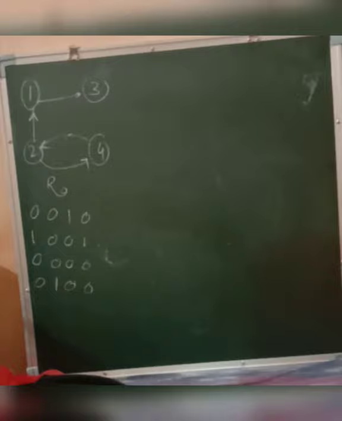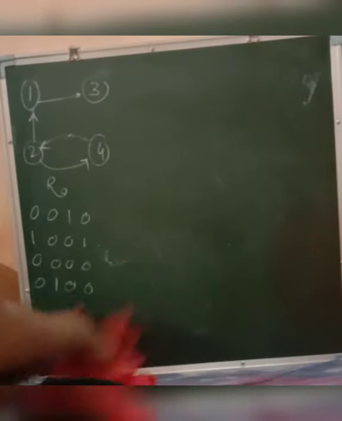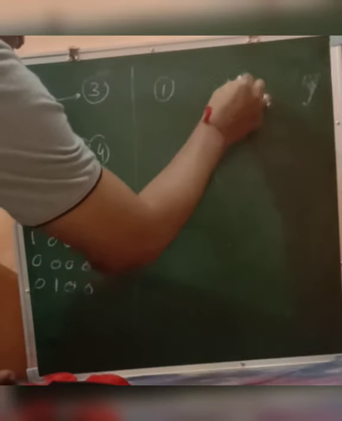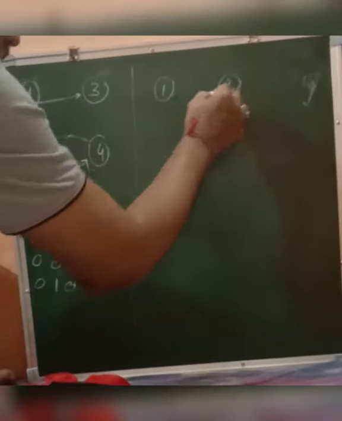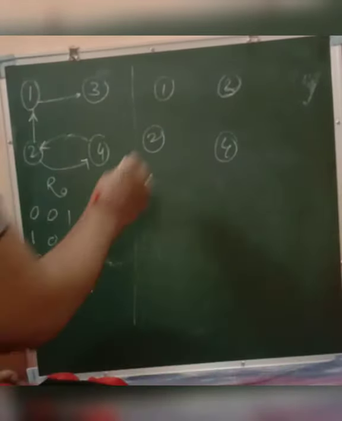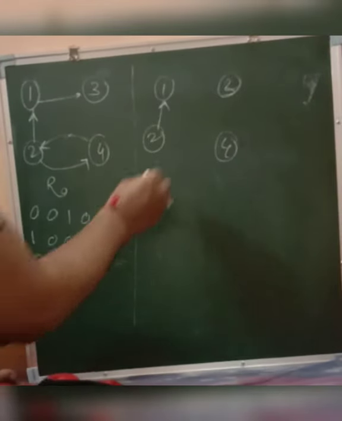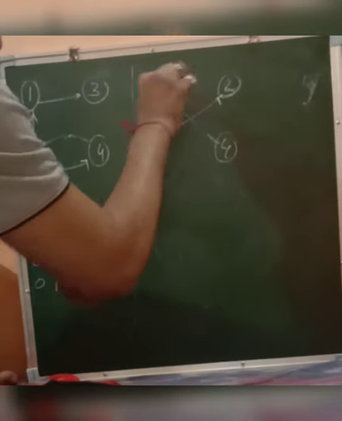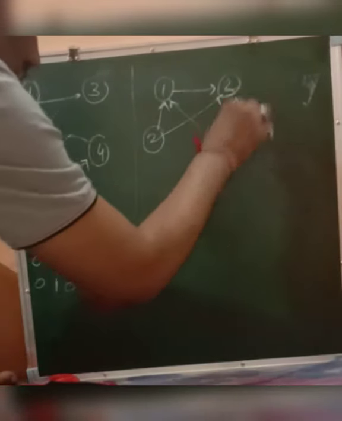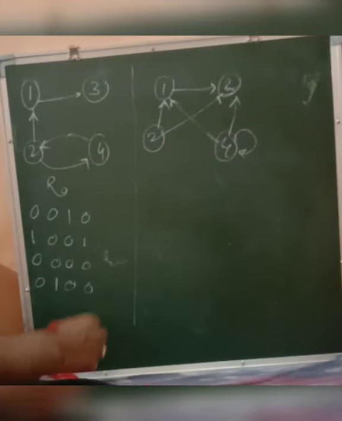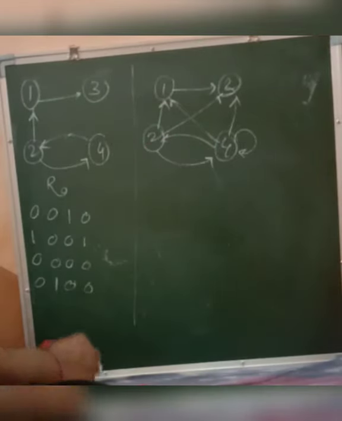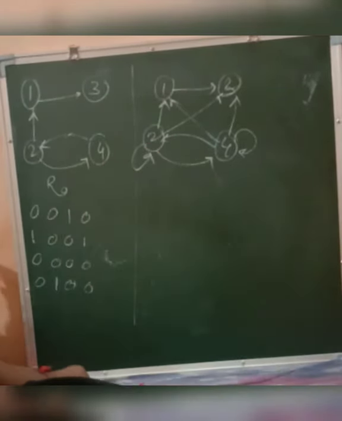So what will happen if I take the second graph? Suppose I have a 1, I have a 2 here, sorry it is 3, I have a 2 and I have a 4. Let us start with the shortest path. Now I have this line, this is a directed graph, 1 to 3 and 4 to 3, and an edge going to itself, and then this is going here, and we have 2 here.